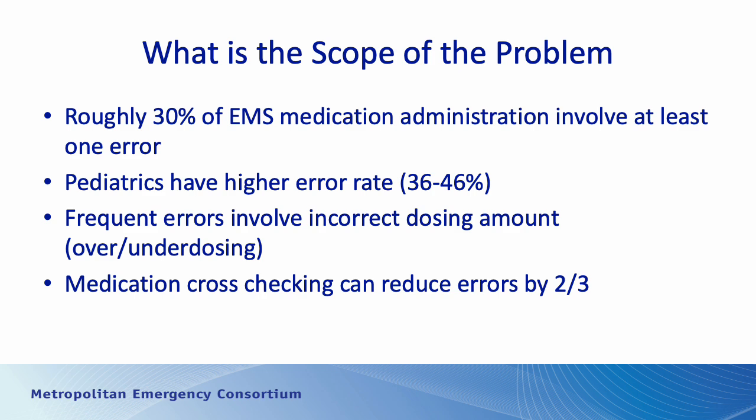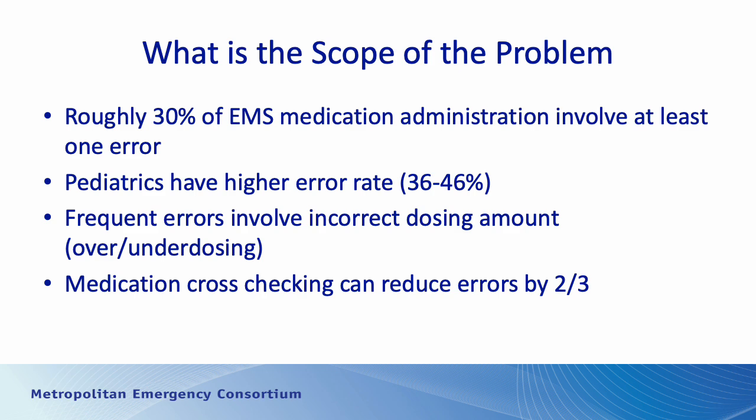A lot of times the errors that are counted are incorrect dosing amounts, where the patient is being over- or underdosed. It's often underdosing, meaning the protocol says the patient should get 75 micrograms of fentanyl, but instead of giving 75, the crew elects to give the patient less. That might be considered an underdosing of medication and a medication error.